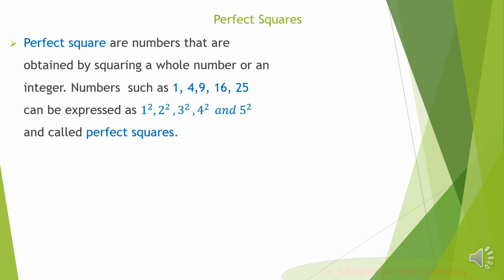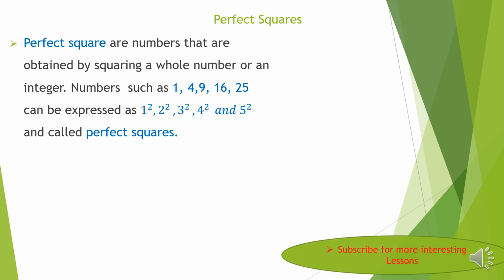Numbers that you can write as a product of two equal numbers, like 4 equals 2 times 2. Two numbers that you can actually square, that particular number or integer, and you get that particular number. Then such numbers are referred to as perfect square numbers.